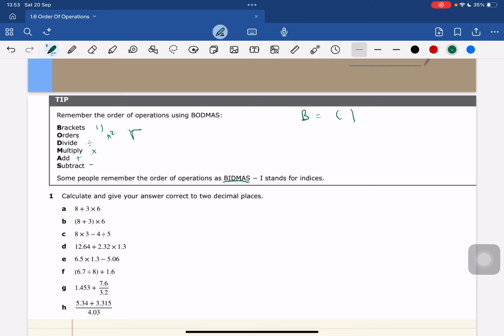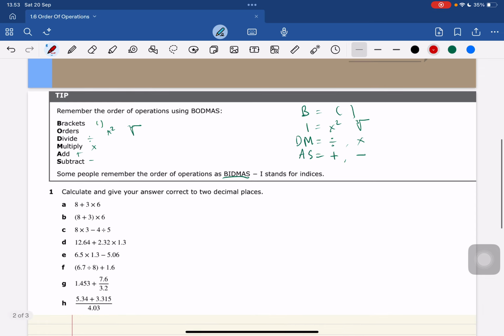First is bracket, then indices, and then division and multiplication, which are the same level. But if you find two of them at the same time, start from the left side. And the last is addition and subtraction. They are the same level, so if you find two of them, start from the left side.